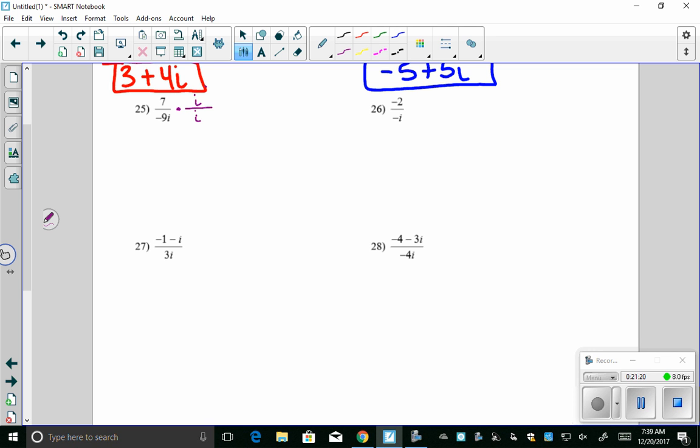So that I get 7i on top divided by negative 9 times i squared. But you know what i squared is, so you get 7i divided by negative 9 times negative 1. So your final answer should be 7i over 9.